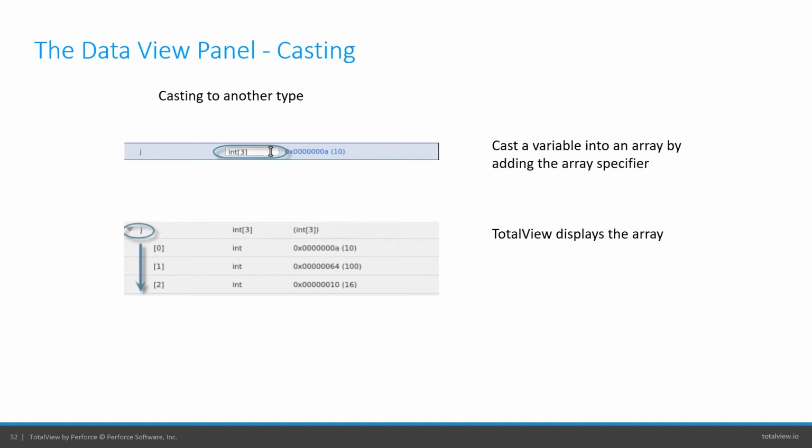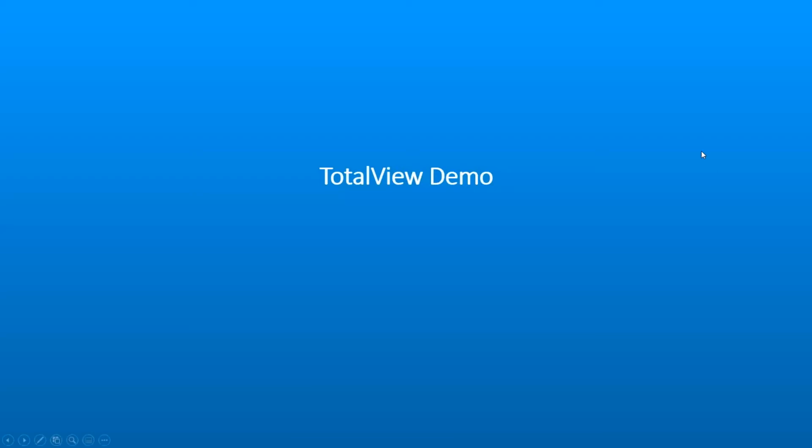So from a pointer, you can cast it to an array and then expand it and show it and deal with it as a simple array. Or you can change the type from integer to double to see how your data will look in this case. Sometimes it can be very useful, especially for C++ classes, if you want to typecast from one class to another. So I don't think I have time for a demo, so I'll skip it this time, and if I have time, I'll show you the demo at the end.